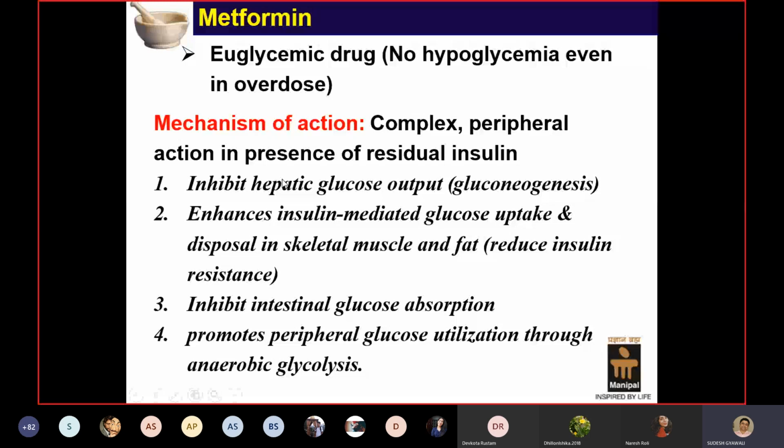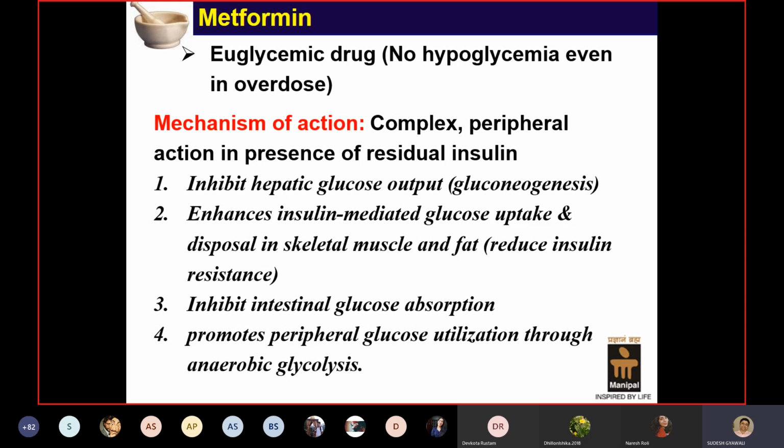Now what it does is it inhibits hepatic glucose output. That means glucose production in the liver is inhibited. That means gluconeogenesis, the formation of glucose from non-carbohydrate sources, is inhibited. So glucose production in the body is reduced. It enhances insulin-mediated glucose uptake and disposal in skeletal muscle and fat. So now see what happens. Glucose, in the presence of the GLUT transporter, enters into the cell.